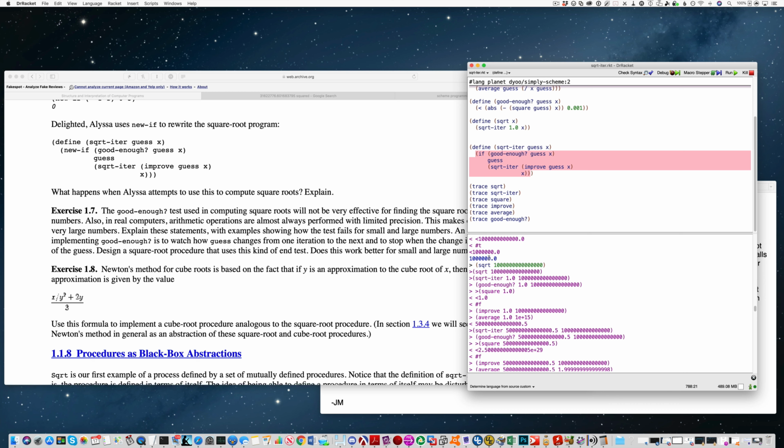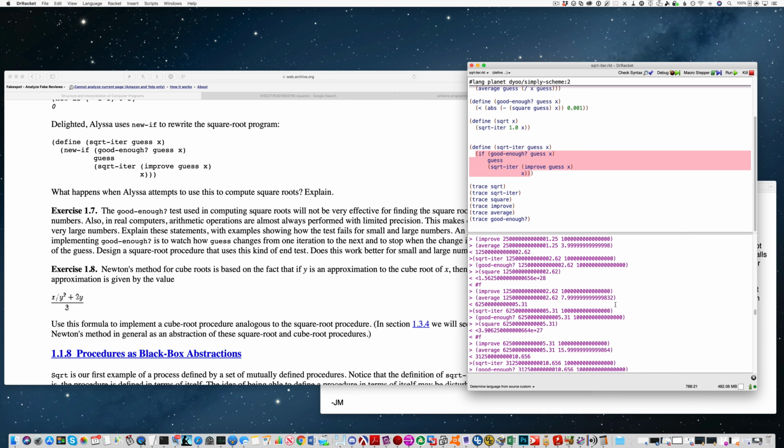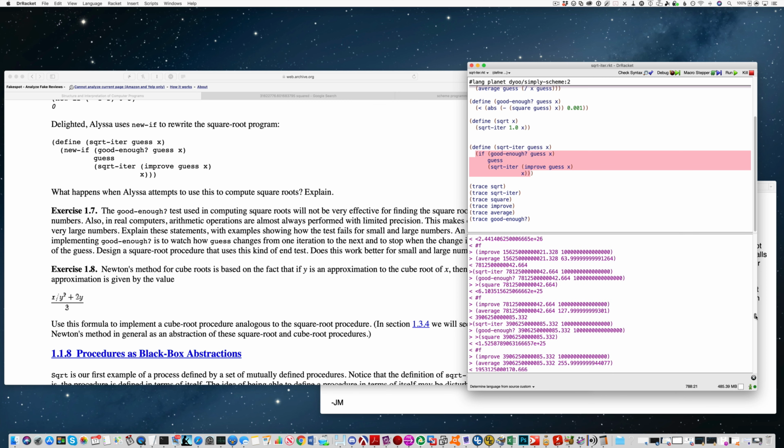Okay, so I tried finding the square root of various numbers, and I kept adding 3 zeros to the end until I got to the square root of 1 with 15 zeros. And this is where it started looping.